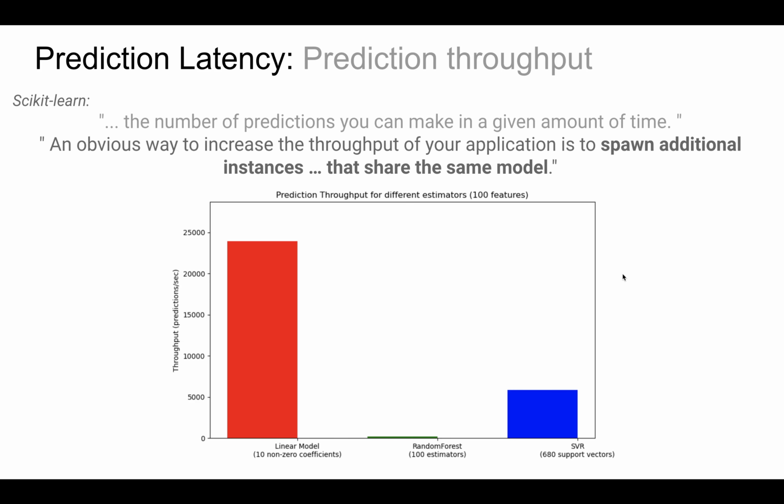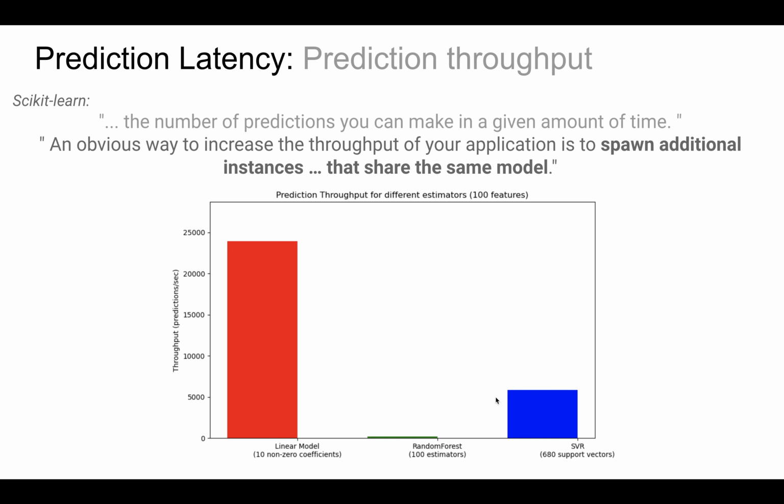And finally, here we have prediction throughput. The suggestion here is that, as shown in the plot below, a linear model has a high throughput because it is a relatively less complex model, with only 10 non-zero coefficients, whereas other models are much more complex.